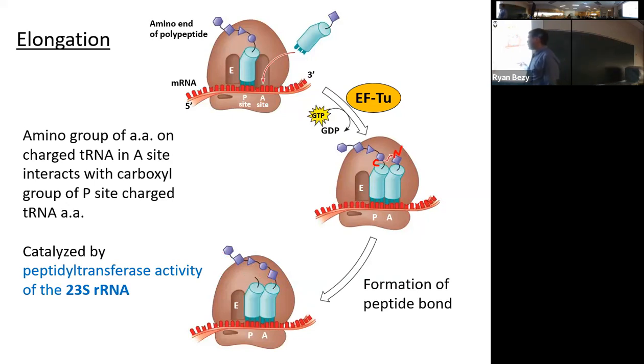What you've got now, though, is you form that peptide bond. You've now got an uncharged tRNA in the P site. An uncharged tRNA is one that's not carrying an amino acid. And you've passed the growing polypeptide chain onto the tRNA in the A site.